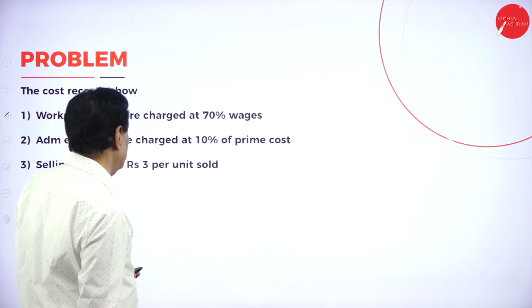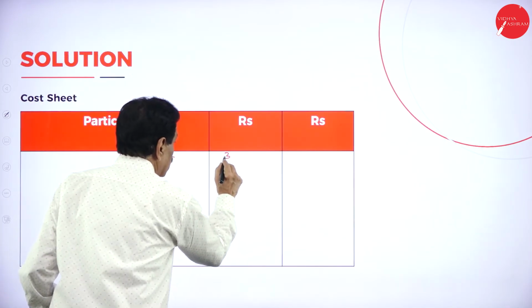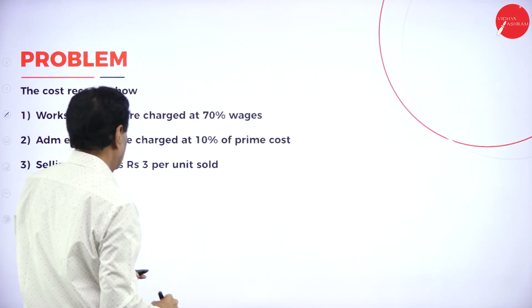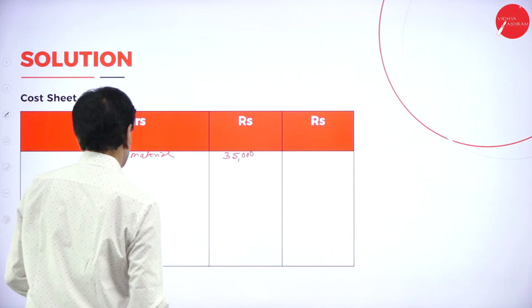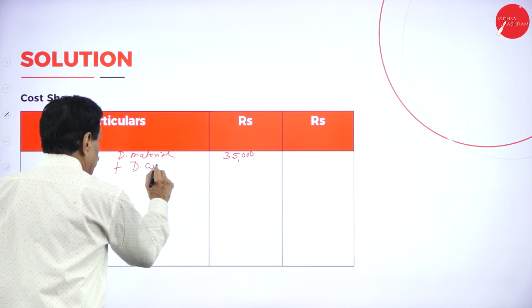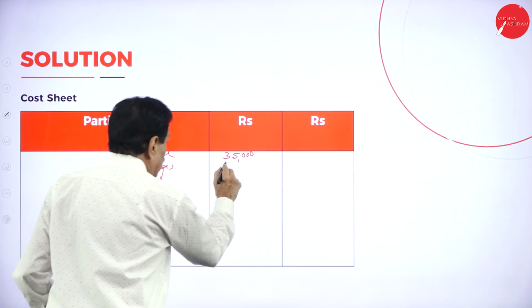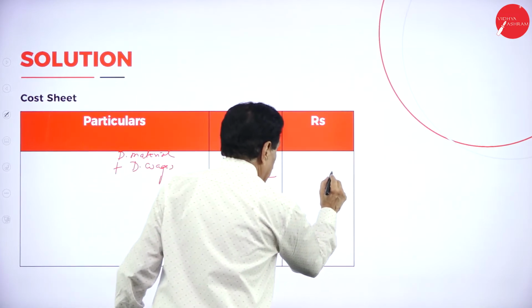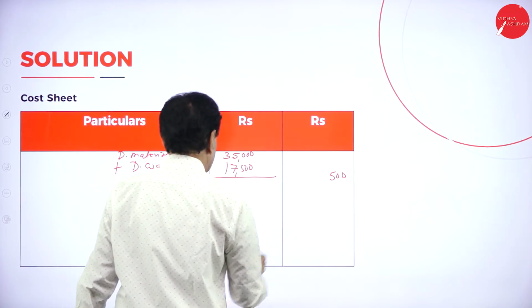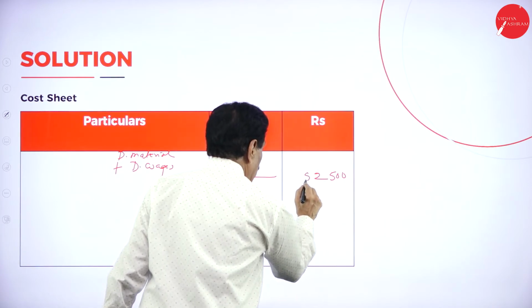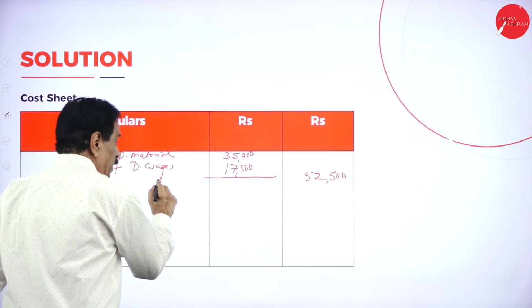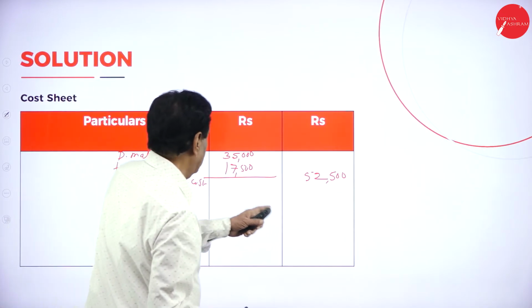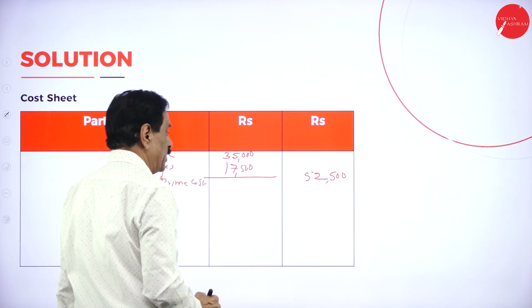Direct material 35,000 plus direct wages 17,500. Add. This is 52,500. That is the prime cost.